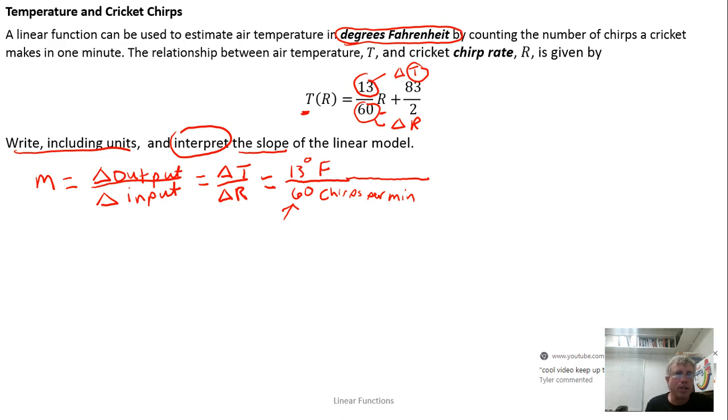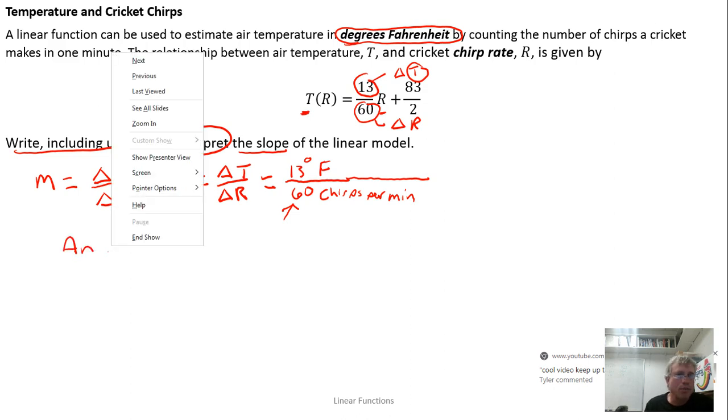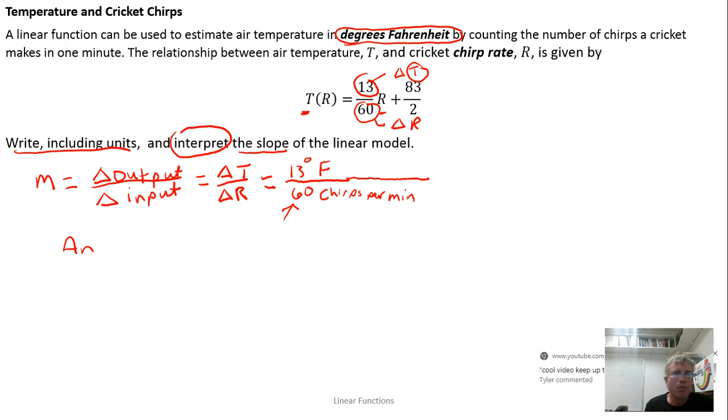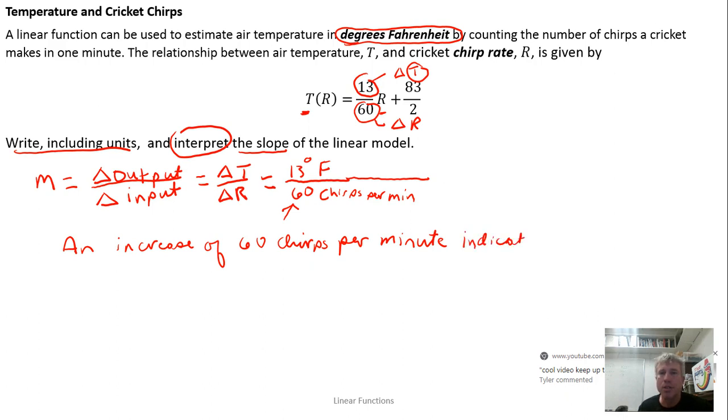So the 60 here is indicating that an increase of 60 chirps per minute, and I know it's an increase because the 60 is positive, indicates, what does it indicate? Well, it indicates the change in the numerator.